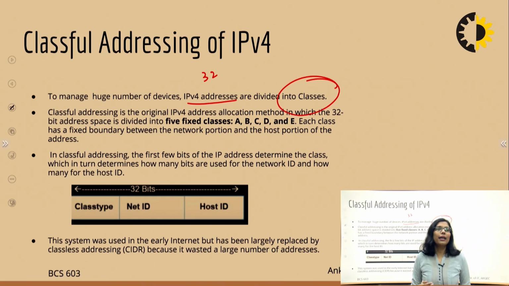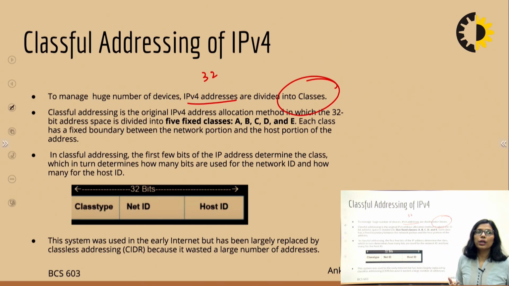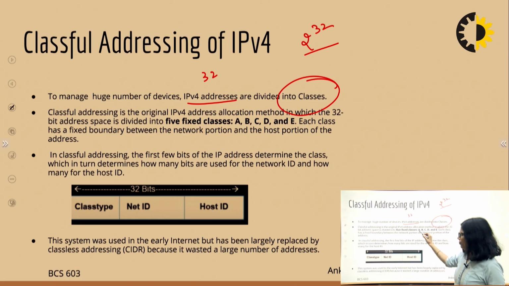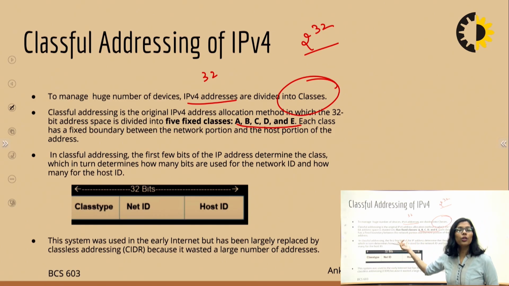Classful addressing in the original IPv4 addressing means we have divided the whole address space, that is 2 raised to power 32 addresses, into 5 fixed classes: A, B, C, D and E. Each class will have a fixed boundary between the network portion and the host portion.